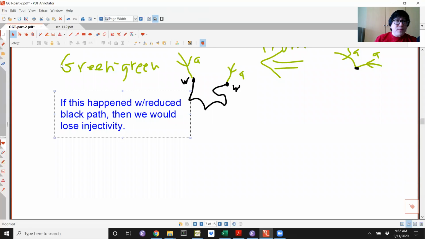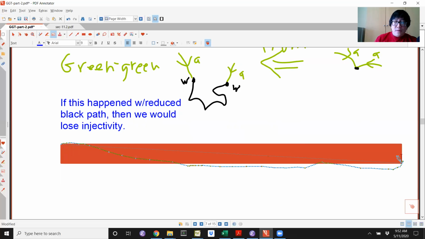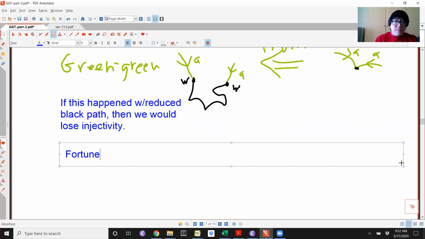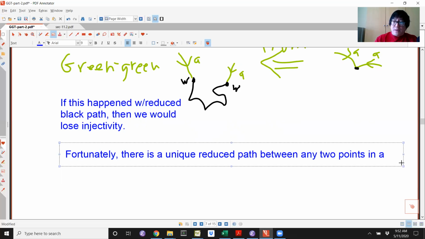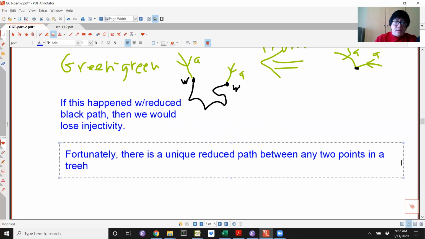that would be a problem, but fortunately, there is a unique reduced path between any 2 points in a tree, including the case where the 2 points are the same.